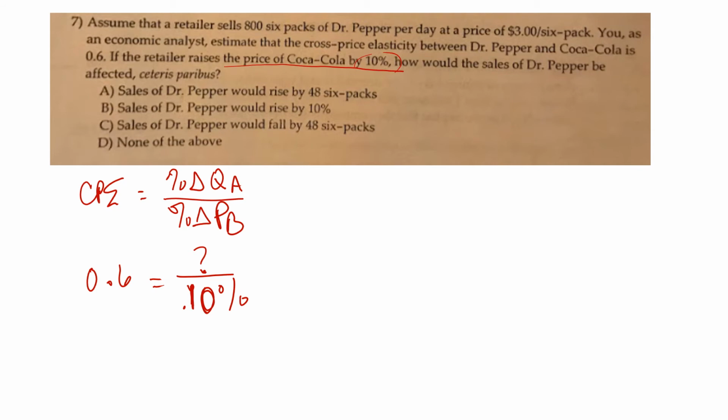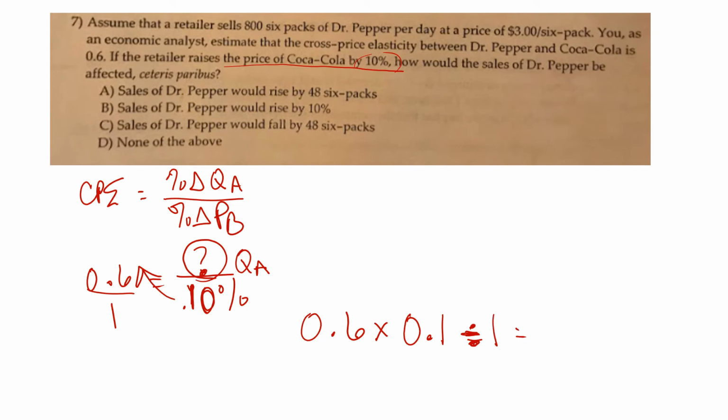So we want to know what this is going to do to quantity A. If we take 0.6 times 0.1 and then divide that by 1, we will get 0.06, so that's a 6% change. And we started off with the retailer selling 800 six-packs.